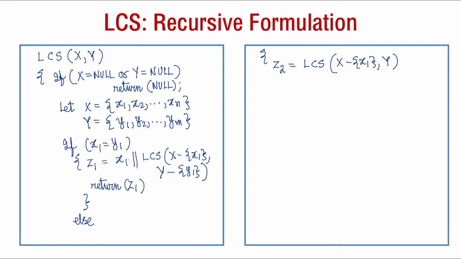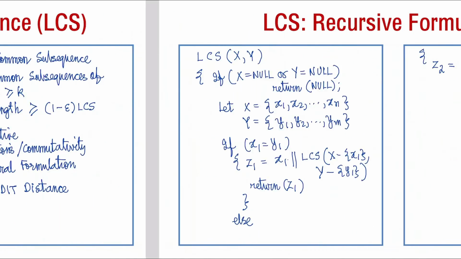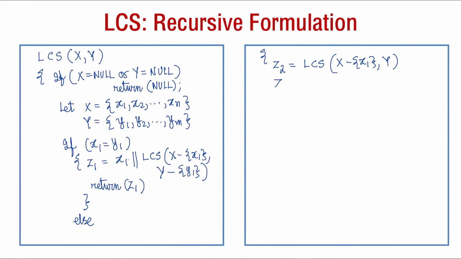Now, since it's a two-way issue and we don't need an exact match, compared to the pattern matching problem, where we did exactly up to here, the pattern need not be exactly matched and it's a two-way problem, so we have to look at the other option where X remains intact and from Y we remove Y1.